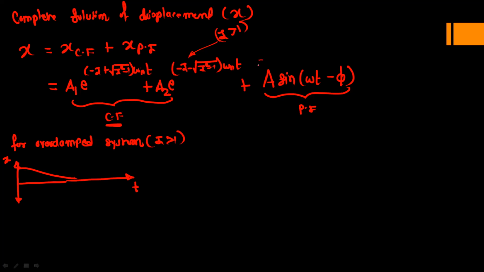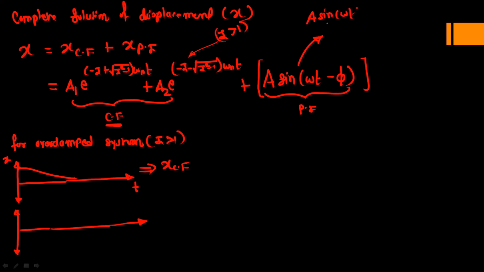So what is the effect of this waveform, which is A sine omega t minus phi? Okay. So this is from the complementary function equation. So this waveform A sine omega t is the same equation as a simple harmonic motion, just with some phase lag phi.